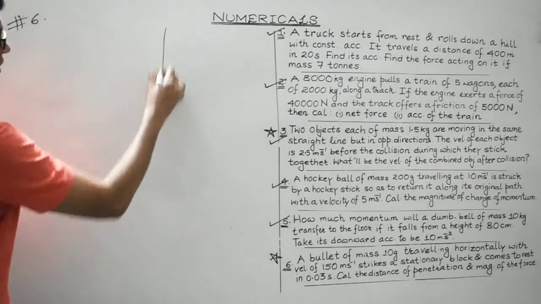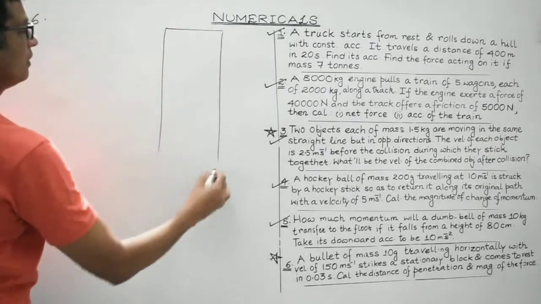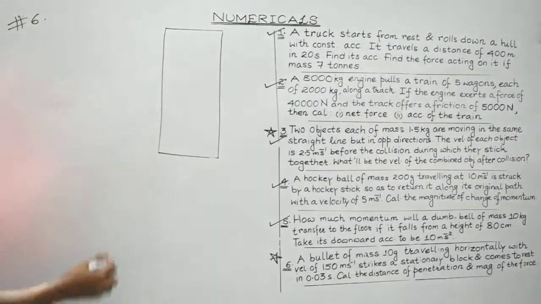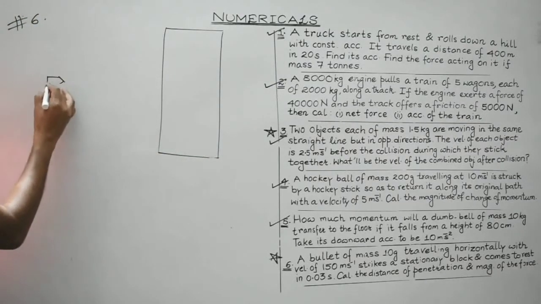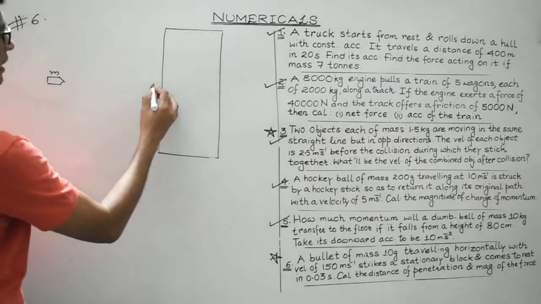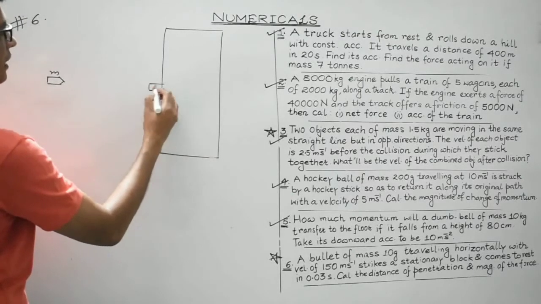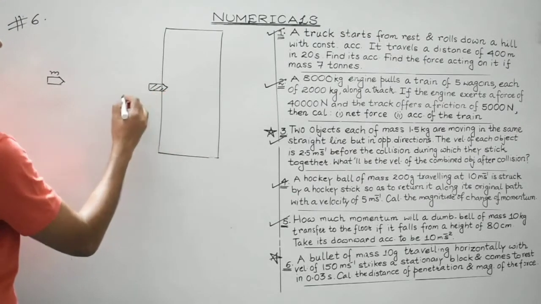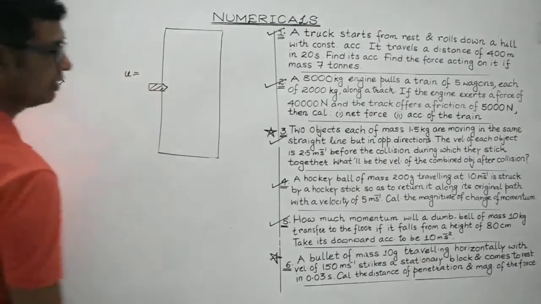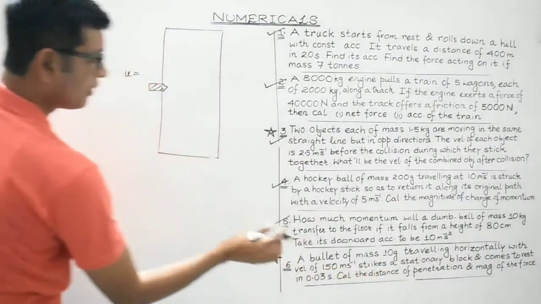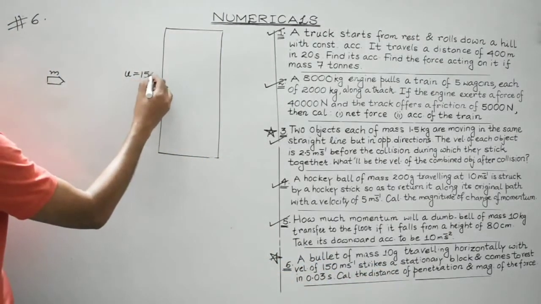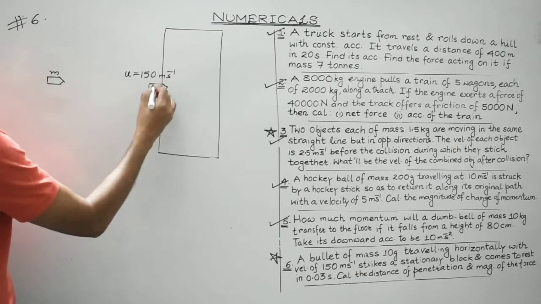This is suppose the wooden plank. So the bullet is fired. As it enters the wooden plank, its initial velocity is given to be 150 meter per second.